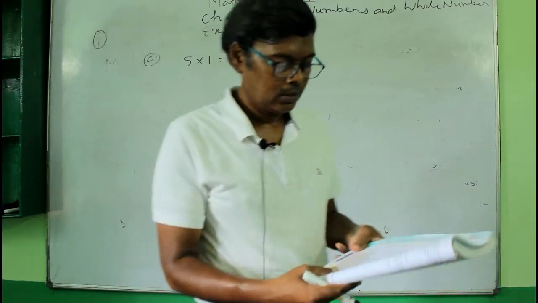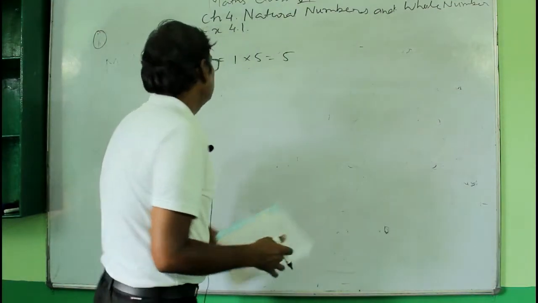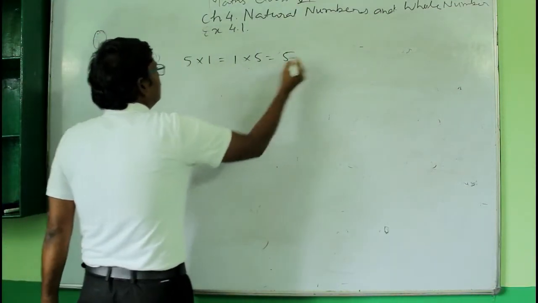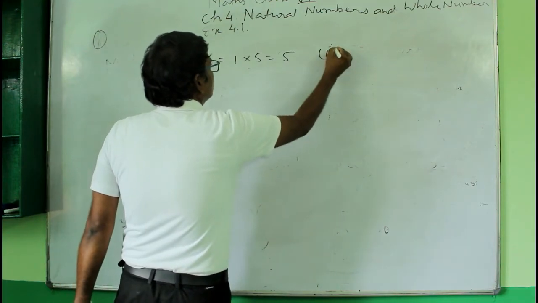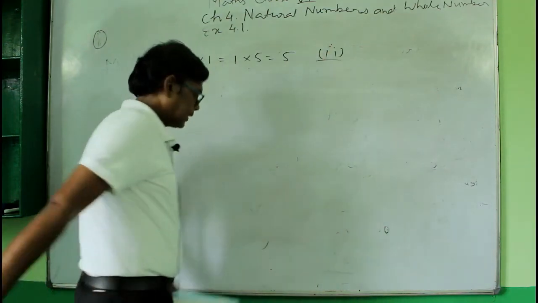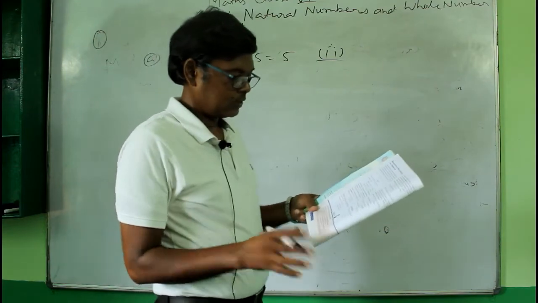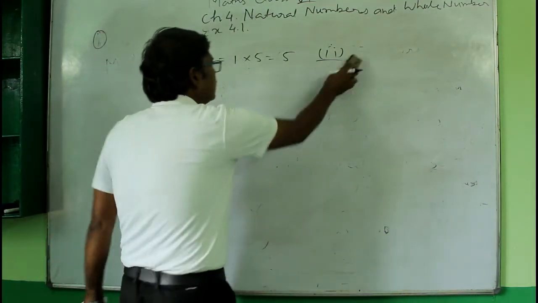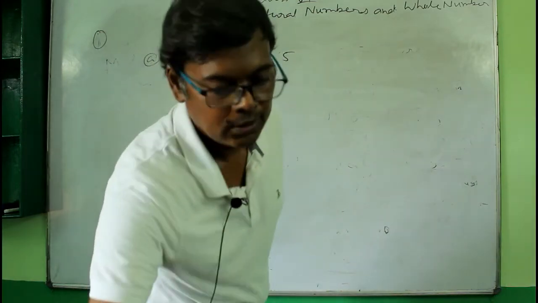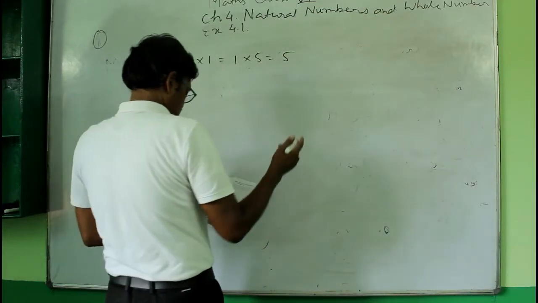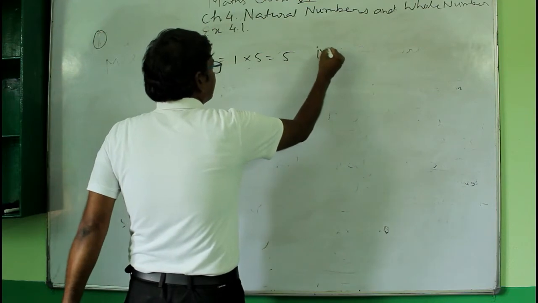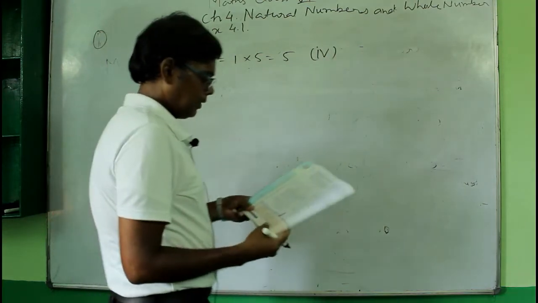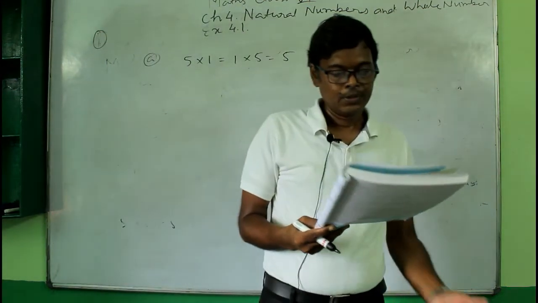So for A, the answer will be the fourth number, the multiplicative identity.